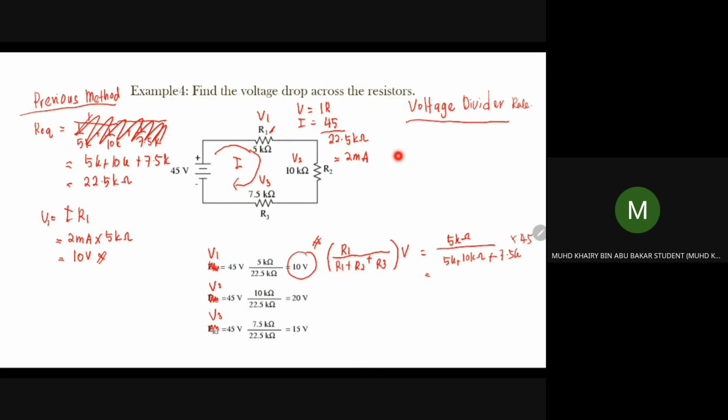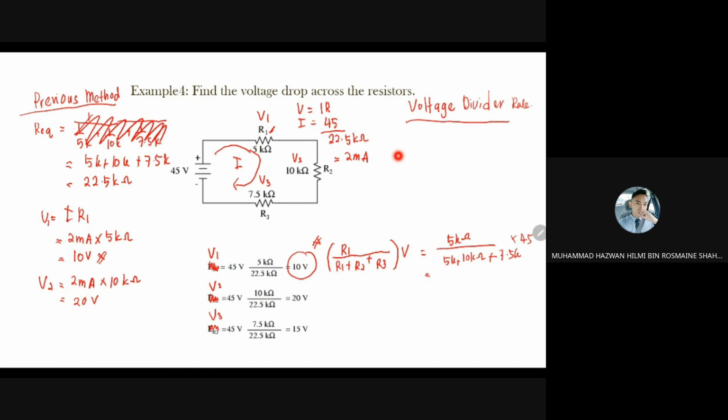Okay, for V2, V2 is equal to 2 milliampere, which is the same current, times 10 kilo ohm. So the answer should be 20 volt.